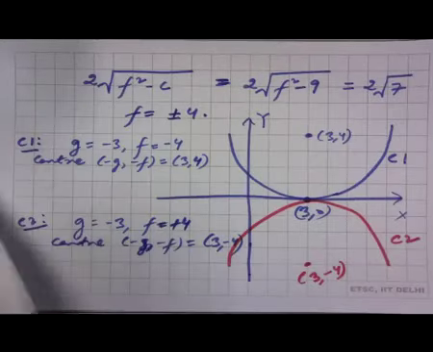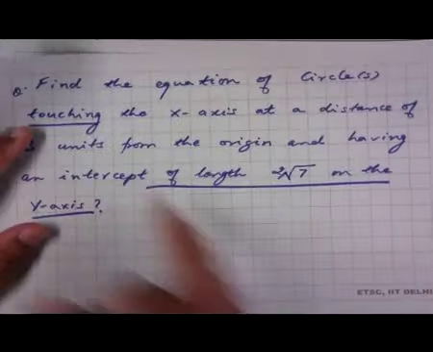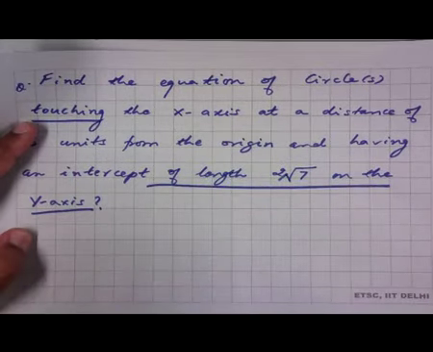So, totally there will be 4 possible circles which are going to satisfy these two conditions in the question.